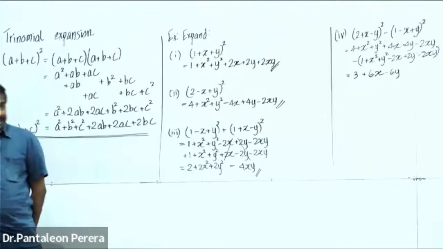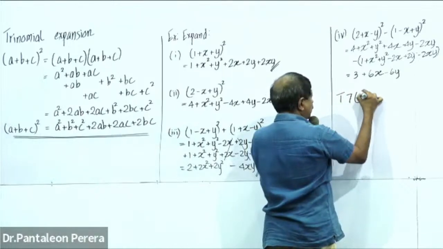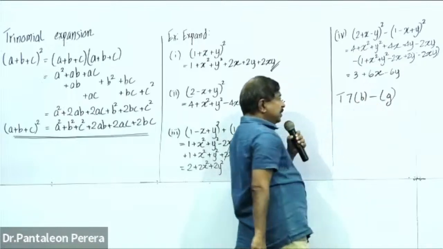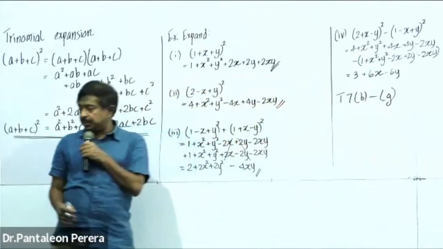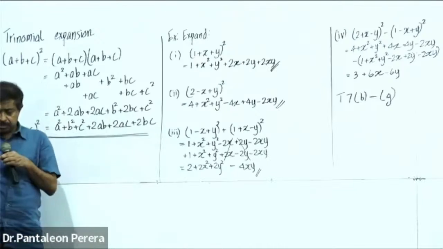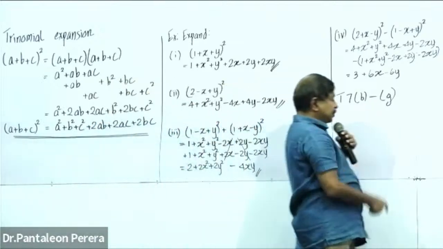B to G. First, take this down, and then do these parts, B, C, D, E, F, G, all the way up to G.